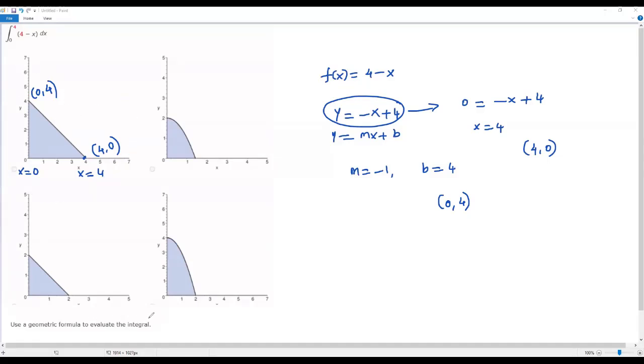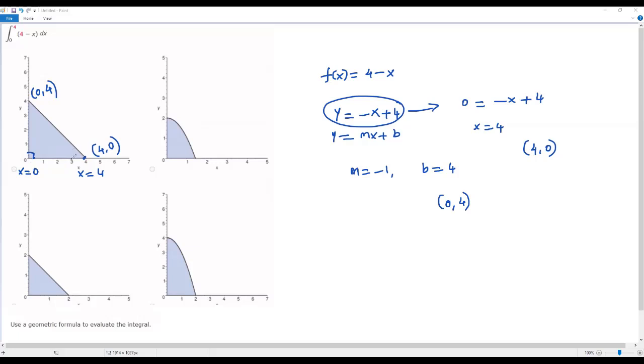Okay, now we can answer this question, that is, use the geometric formula to evaluate the integral. As I said earlier, the evaluation of this definite integral will give you the area between the curve given by the function and the x-axis from x equals 0 to 4. We have already decided the first one is correct. In this picture, we have a right triangle with a base of 4 units and a height of 4 units.